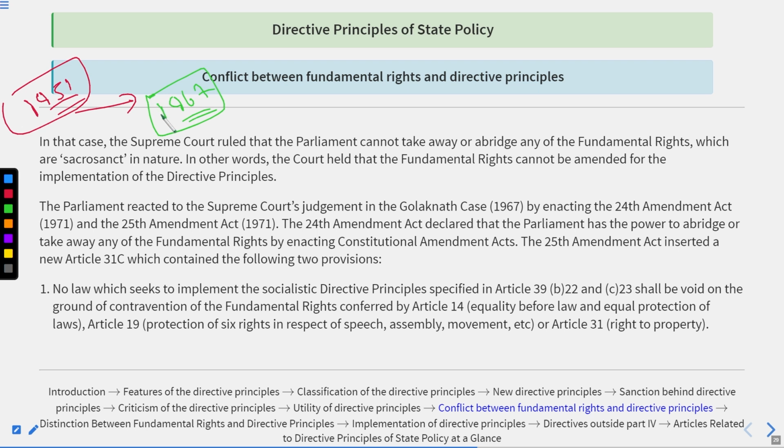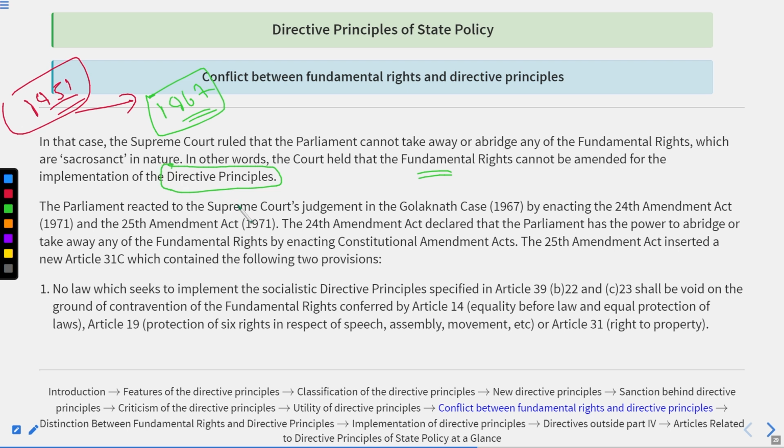In this case, the Supreme Court stated that the powers granted to the government or the parliament to make changes to the fundamental rights were to implement the provisions side by side. But the fundamental rights could not be amended for the implementation of directive principles. All right.